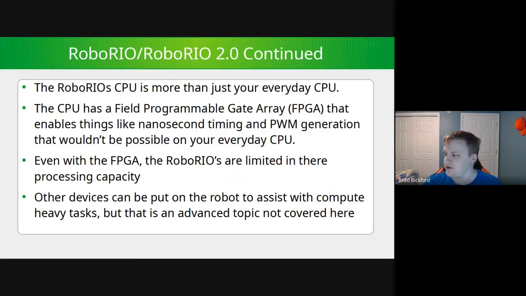That conversation is a little bit out of the scope of this particular training session, but it is possible to have alternate devices on the robot that can do more intense processing for things like machine learning and vision tracking, to take load away from what the RoboRio would ultimately have to do, in addition to controlling your motors, reading values from sensors, running LEDs, that sort of thing.